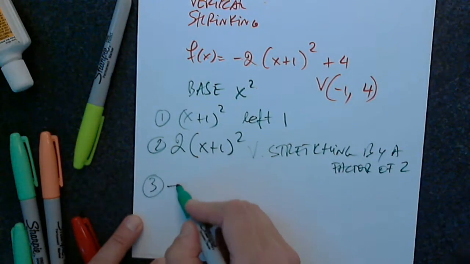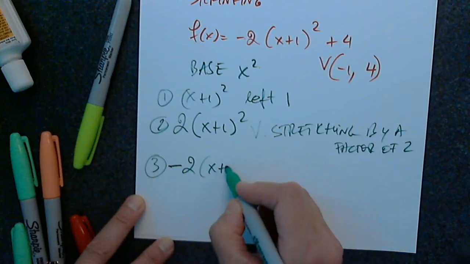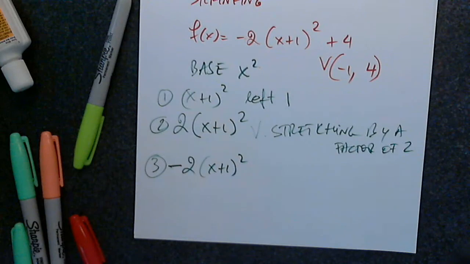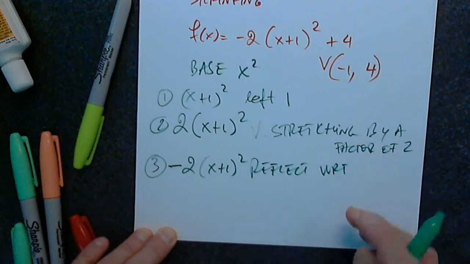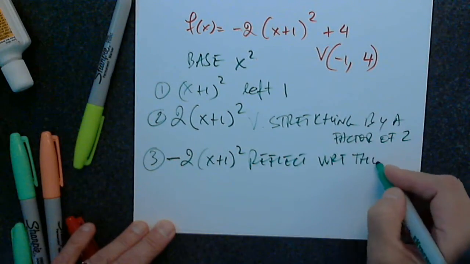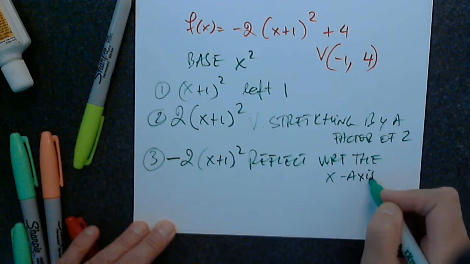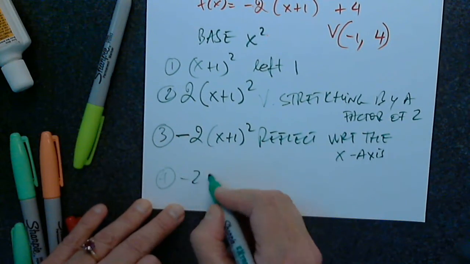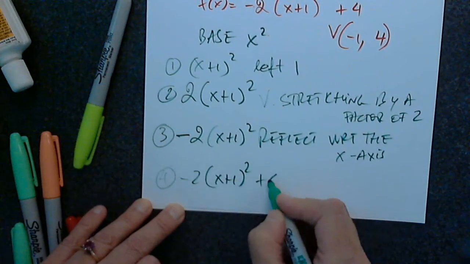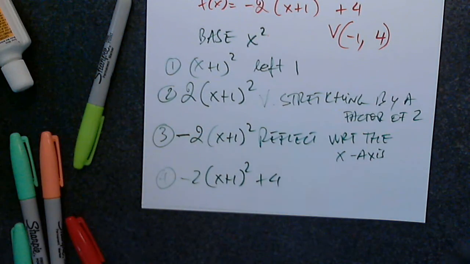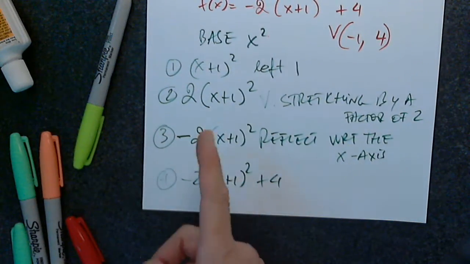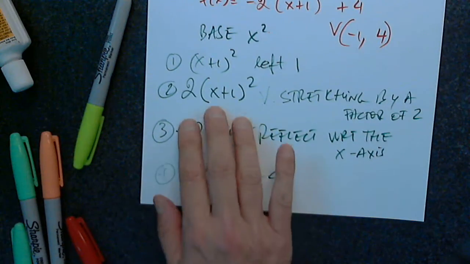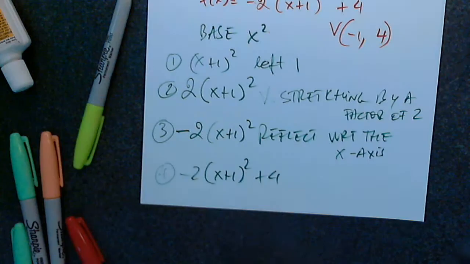Number 3 will be -2 (x plus 1) squared. Yes. Reflect with respect to? Yes, with respect to the x-axis. Awesome. And number 4 is the final function, which is a transformation on number 3. It's not a transformation on 2 or 1 or the base. So you see, these do not change. It's just up 4.